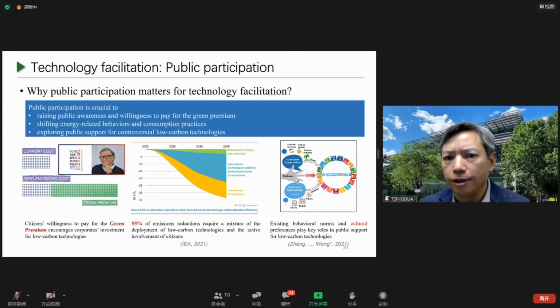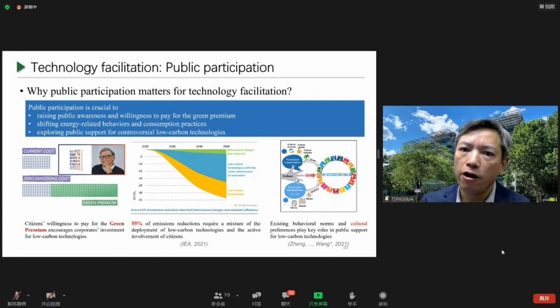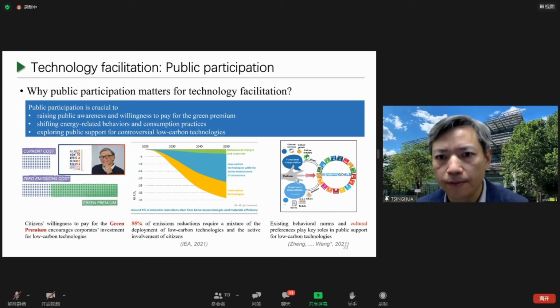In addition, the deployment of low-carbon technologies relies on active involvement of citizens. As shown in the middle figure, about 55% of emission reduction requires a mixture of the deployment of low-carbon technologies and the active involvement of citizens and consumers.